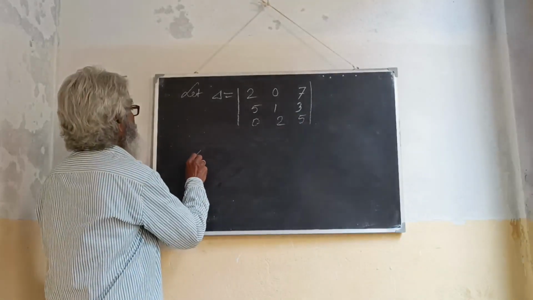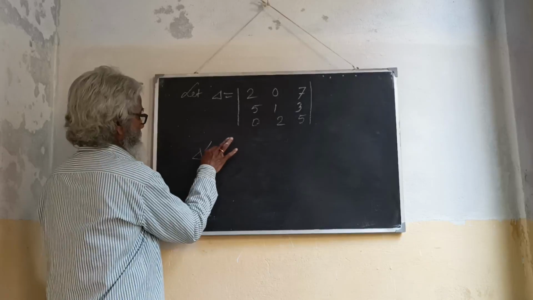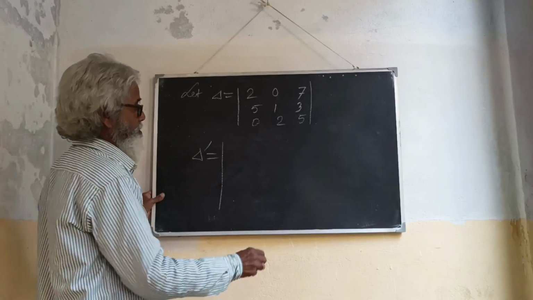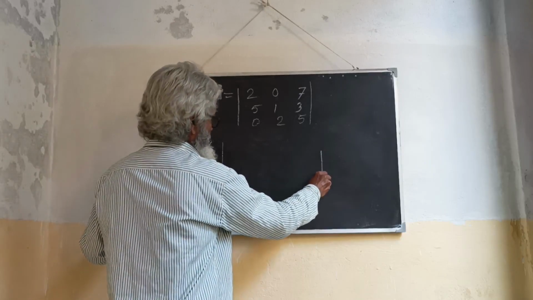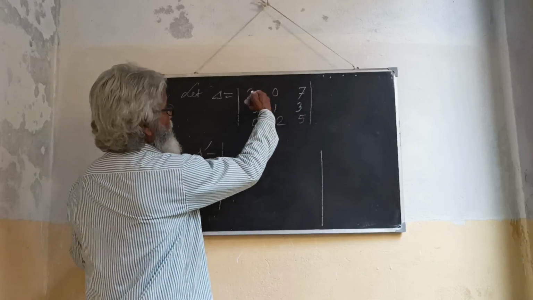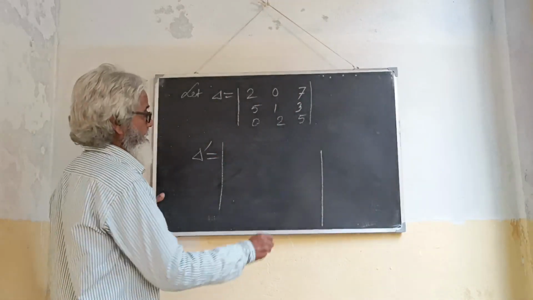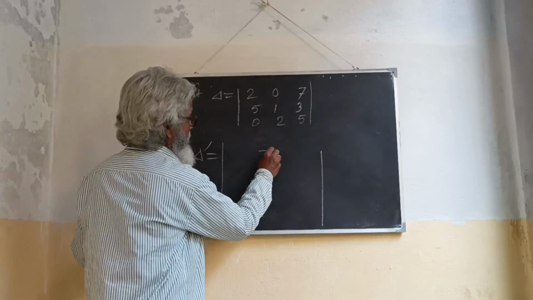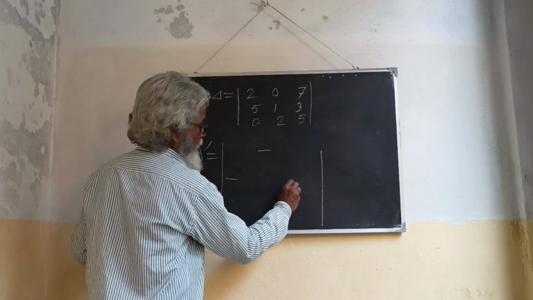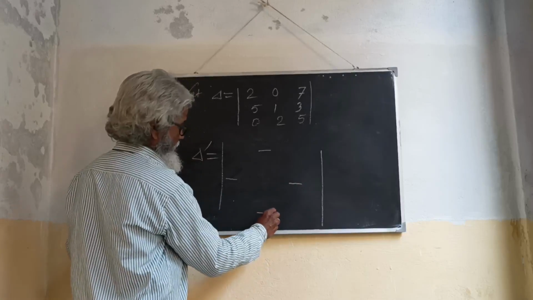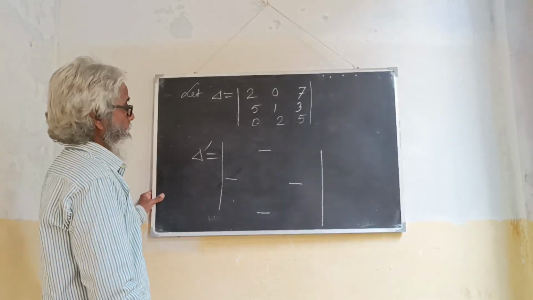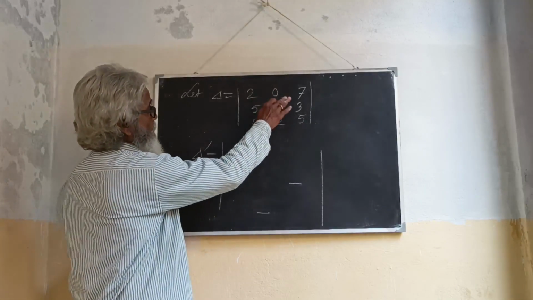So here we get delta dash. Here we use a technical form, very short form. Since this is of order 3, you write 1 minus here, 1 minus here, 1 minus here, and 1 minus here, like a diamond.